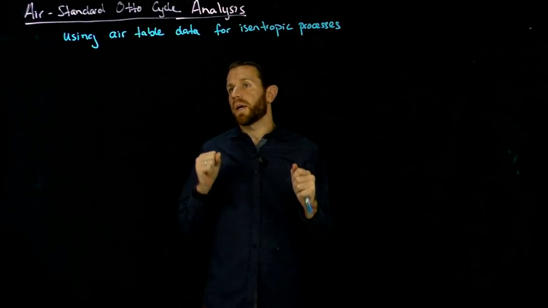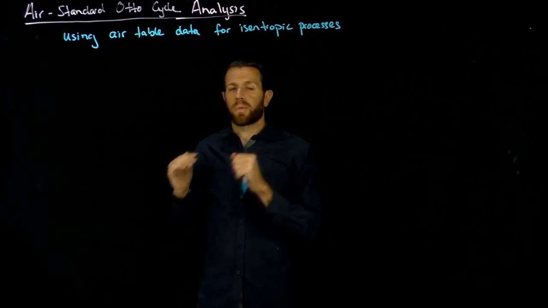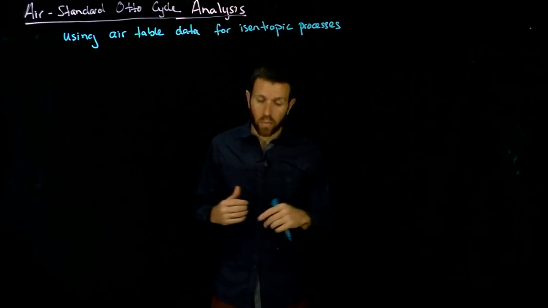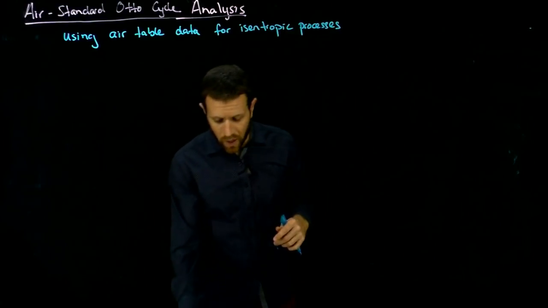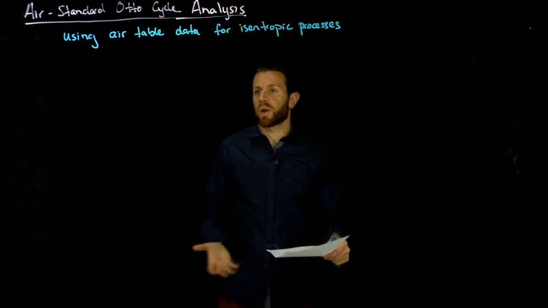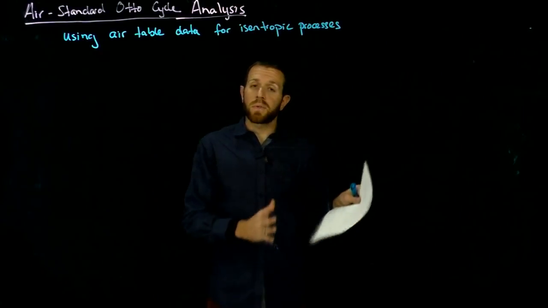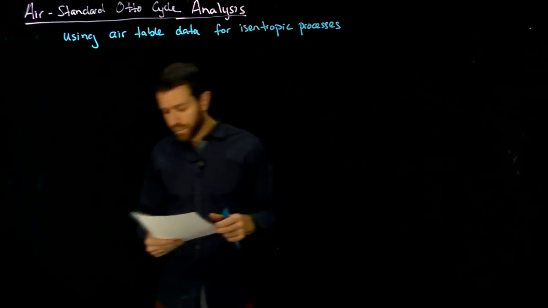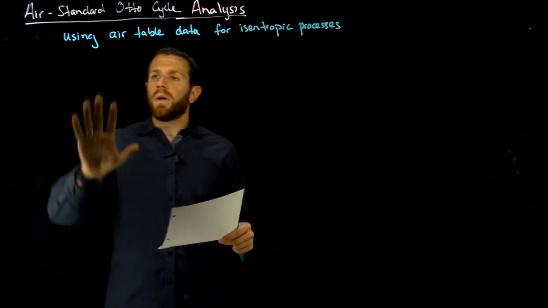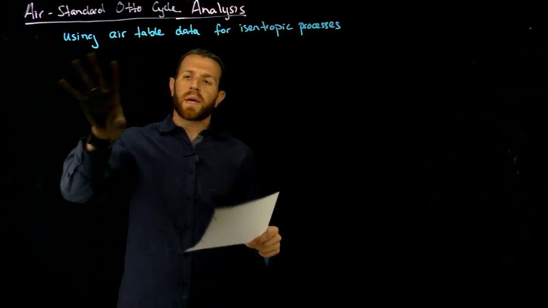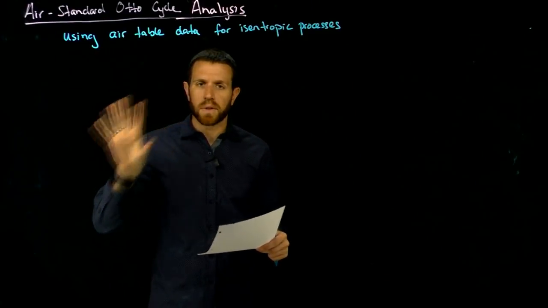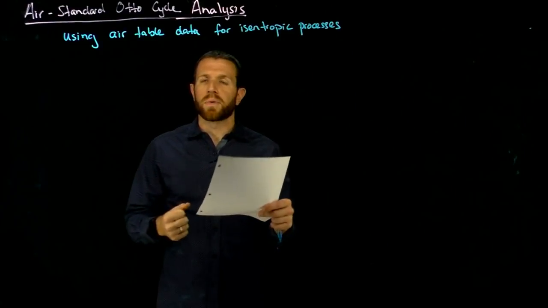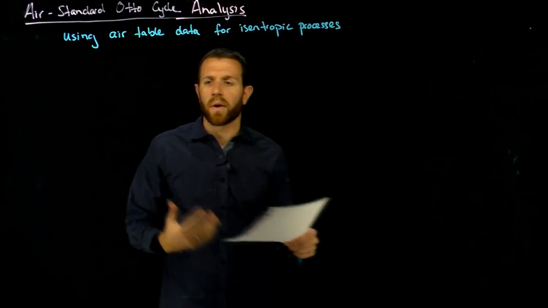So I encourage you to go back and watch a previous lecture on isentropic processes where we define things like pseudo-reduced volume and how we use these to analyze isentropic processes. But we're going to use those techniques and apply them specifically to the Otto cycle now. And we're going to make use of our ideal gas table, which has these different values as a function of temperature, and use ratios of these values to calculate different things about our various states.